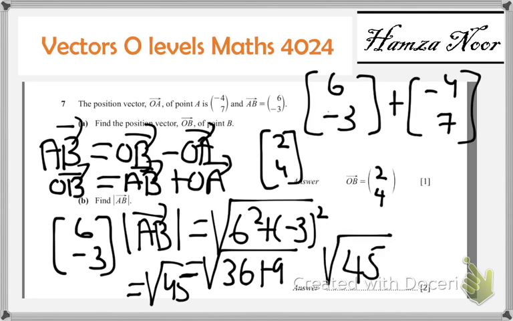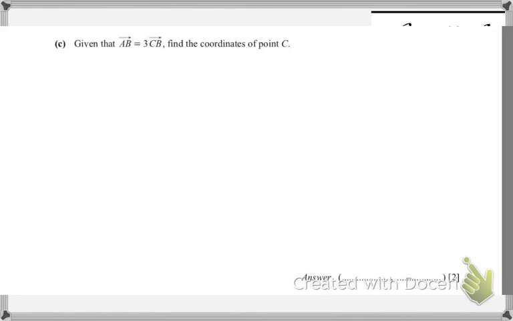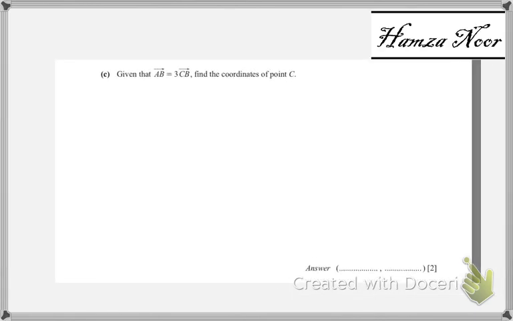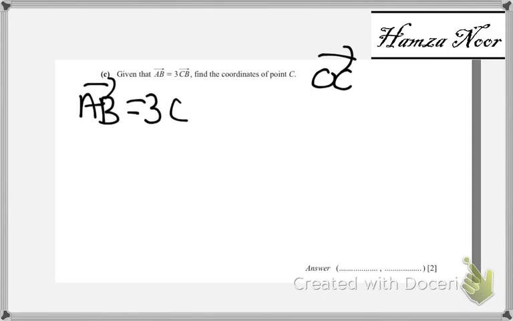Okay, so in the next part, part C is asking, okay, part A and B is done. Part C is asking, given that AB is equal to 3 times CB, find the coordinates of the point C. Means you need to find the position vector of OC. So AB is equal to 3 times CB.